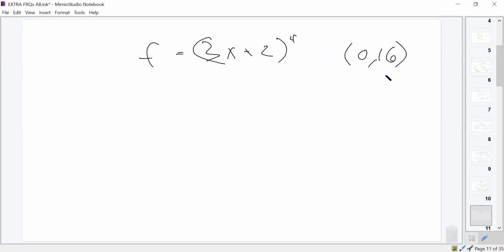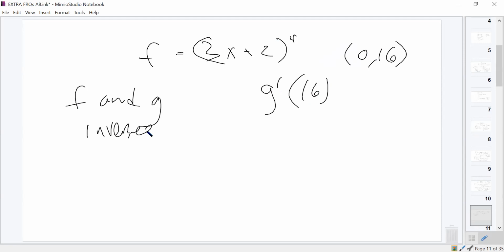We know that the point 0, 16 satisfies this equation. And we want to find g prime of 16, given that f and g are inverses. Is that what you're looking for, Evan? Something like that? Yeah, I wanted to look at a new problem of something similar.